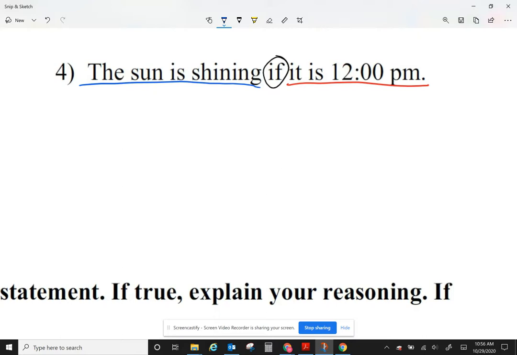My conclusion is the then part. The if part is not always at the beginning. So if I was asking for the hypothesis of this statement, I will write it is 12 o'clock p.m. Now, if I was asking what's the conclusion, it will be the sun is shining.